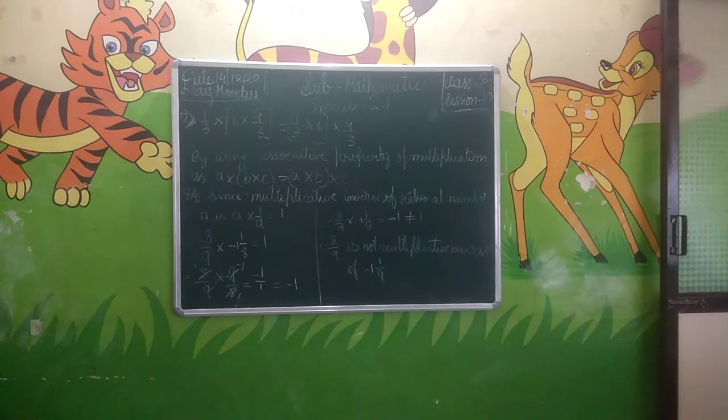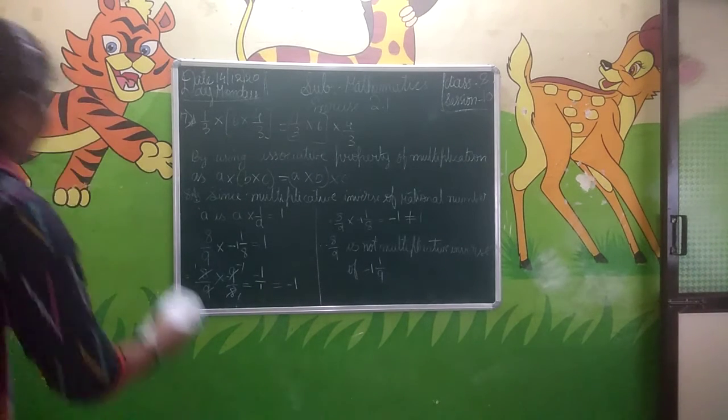Is 0.3 the multiplicative inverse of 1 by 3, why or why not? Is it a multiplicative inverse? They have asked whether 0.3 is the multiplicative inverse of 1 by 3, and why it is a multiplicative inverse, or else why it is not. They have asked both questions for this. Okay students, now let's start the question.